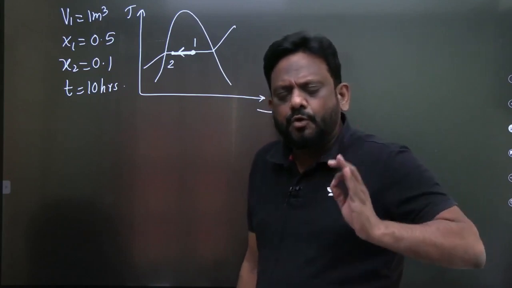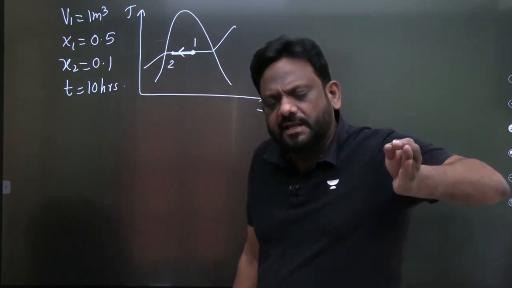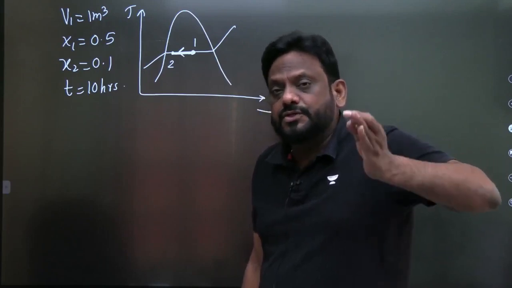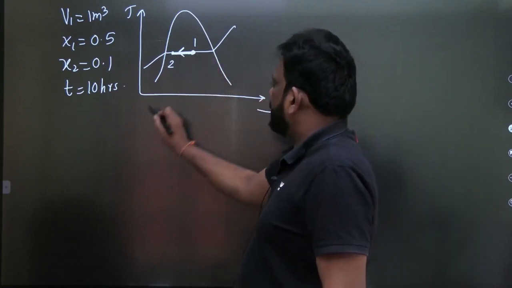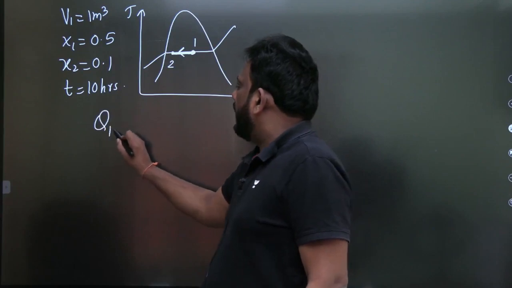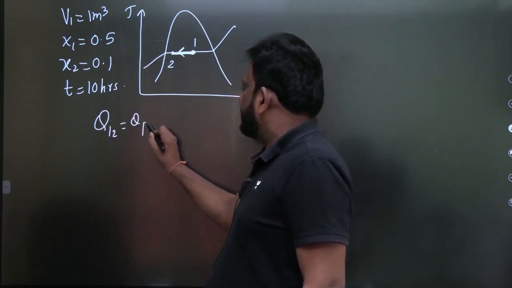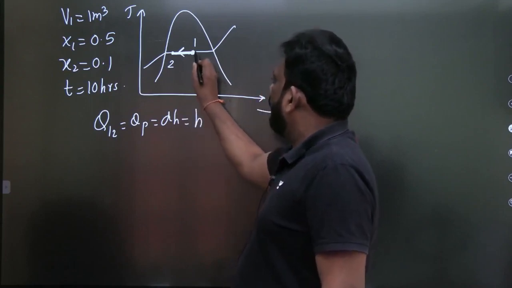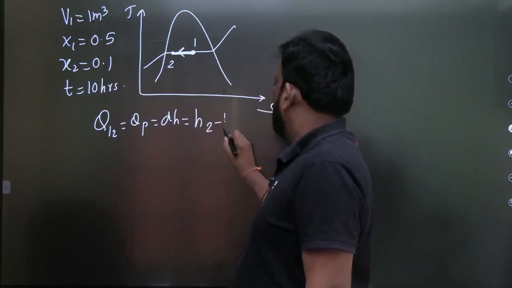In a constant volume process, heat transfer is change in internal energy. He is asking heat transfer. So heat transfer in 1 to 2, that is a constant pressure process, is equal to change in enthalpy. And the enthalpy is changing from 1 to 2, therefore it is H2 minus H1.